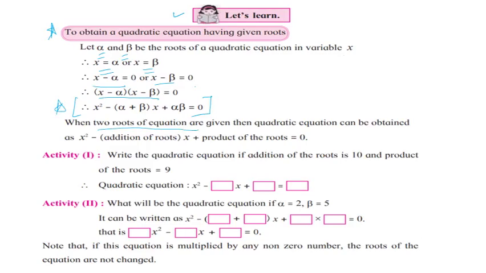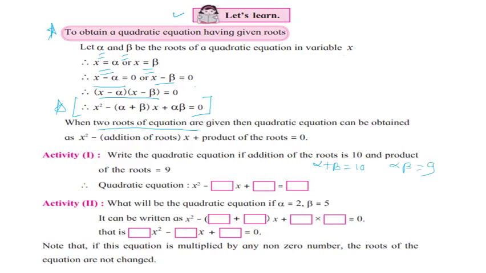Two activities are given below based on this formula. First I will try to solve. Write the quadratic equation if the addition of two roots is 10, that means alpha plus beta equals 10, and the product of two roots, alpha into beta, equals 9.